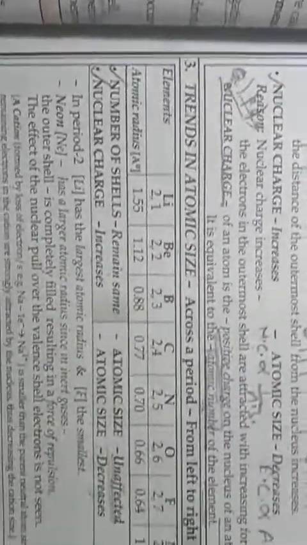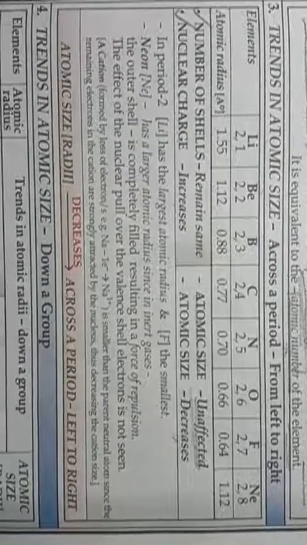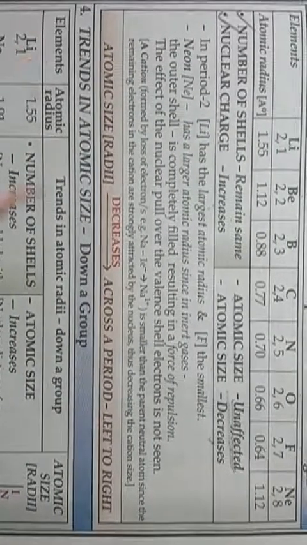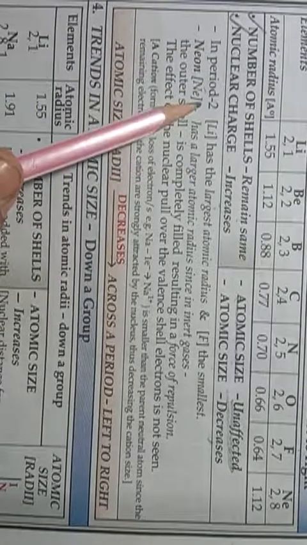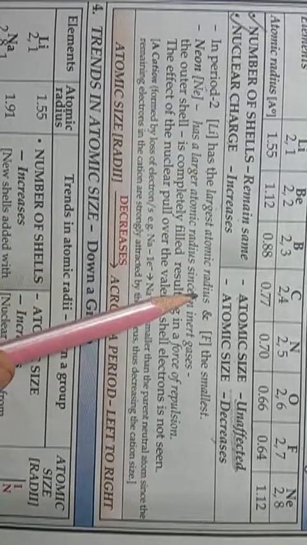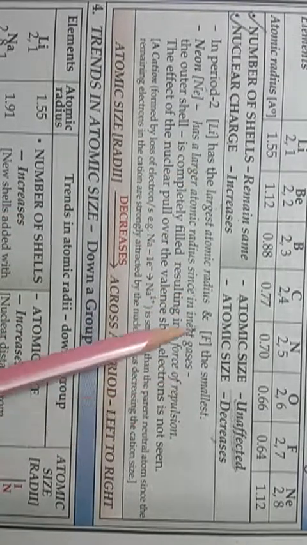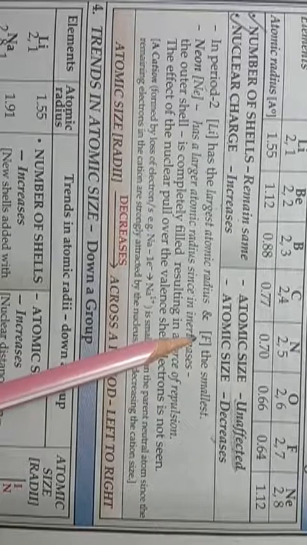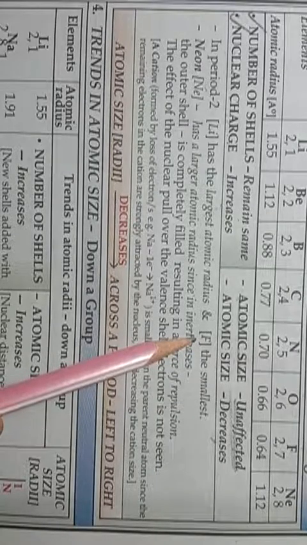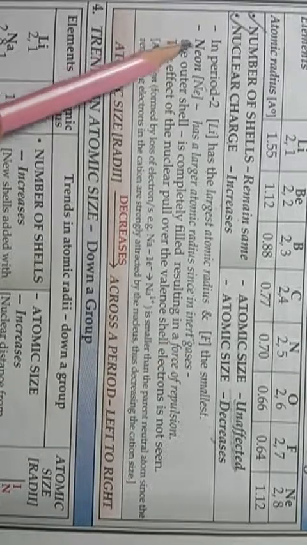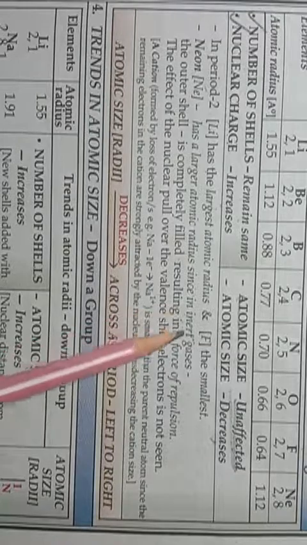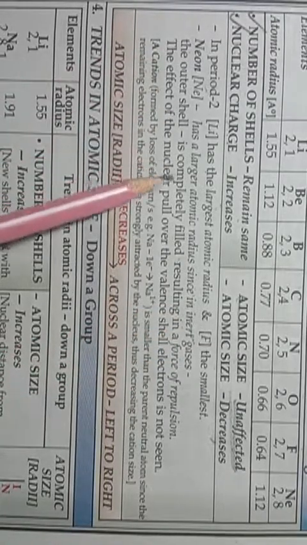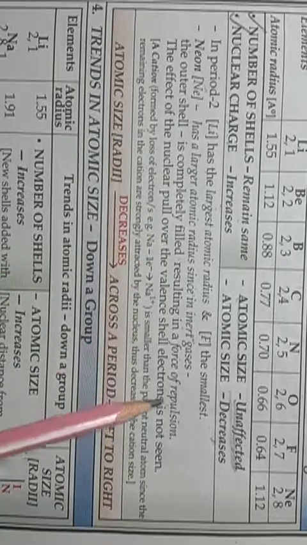Okay children, then second trend is: in period 2, lithium has the largest atomic radius and fluorine the smallest, because fluorine is placed on the rightmost side of the periodic table in the halogen group. Neon has a larger atomic radius since in inert gases the outer shell is completely filled, resulting in a force of repulsion.